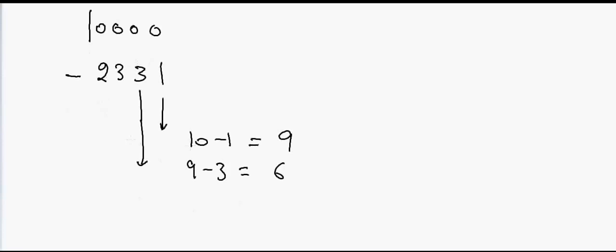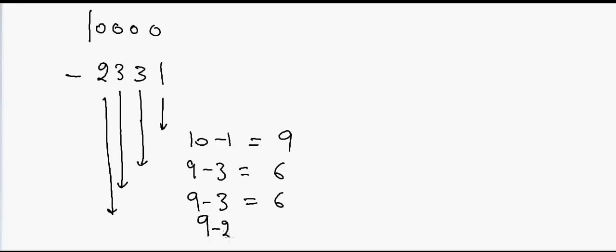Then I'll take the next 3. So 9 minus 3 is equal to 6, and then I'll take the 2. So 9 minus 2 is equal to 7. So the answer will be equal to 7669. We can do the same thing for much larger numbers.